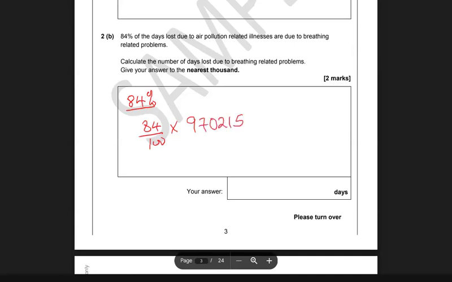Then that gives you 814,980.6, which gives you 815,000. That's it. Can you see, to the nearest 1,000? Don't forget, if you don't put your answer to the nearest 1,000, you will not get the question right.